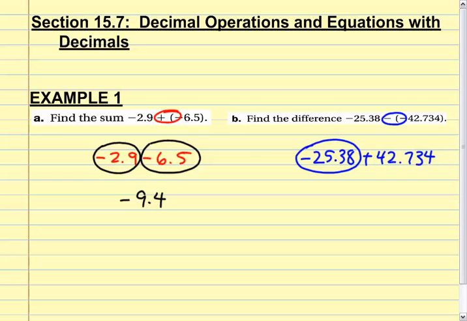I've got negative 25.38 and positive 42.734. Now, when I combine those two things in my calculator, what do I get, Barrett? I'm going to get 17 point, what was it? 354. Nice. Okay. Everybody happy with that?